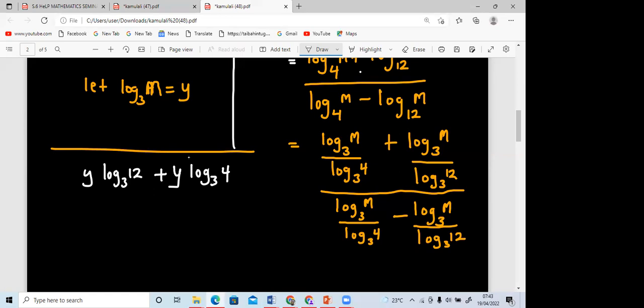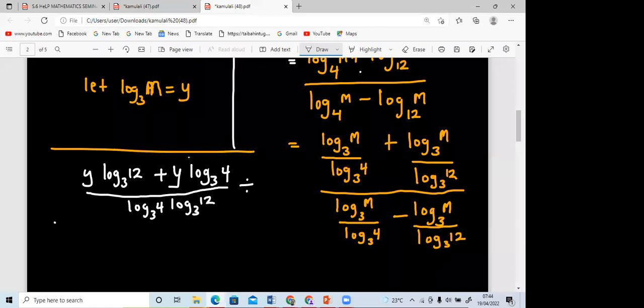Then the LCM was log 3 of 4. So is it possible if you just go this side again, you say divide by, instead of putting all of it over? Okay. Divide by, yeah, that side.